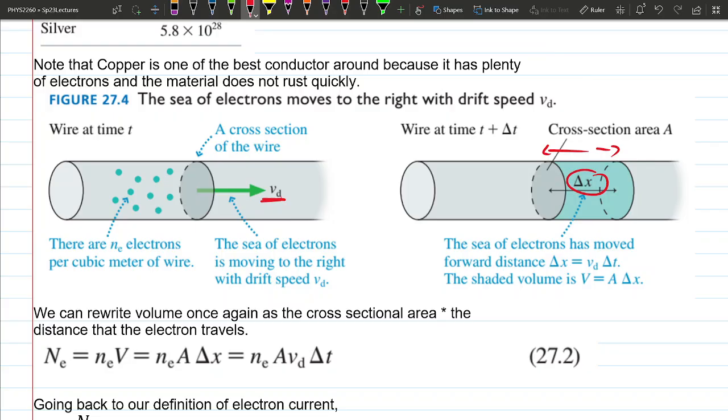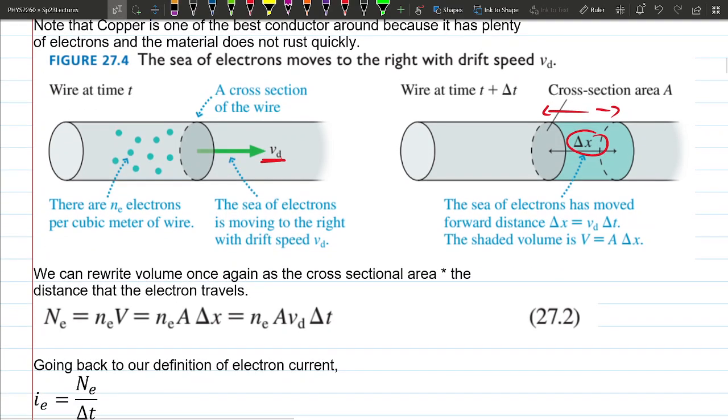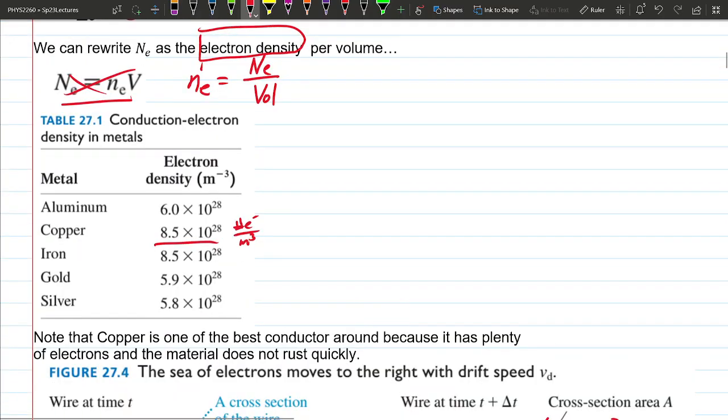The electrons move from here, and after some time, in general, they move to this position, after bouncing around in there for a while through the drift velocity. So therefore, what we can do is solve this equation up here, which is the reason why the book did it this way. The number of electrons is the same thing as the electron density times the volume that those electrons are passing through.